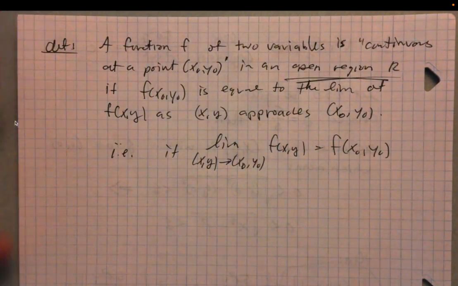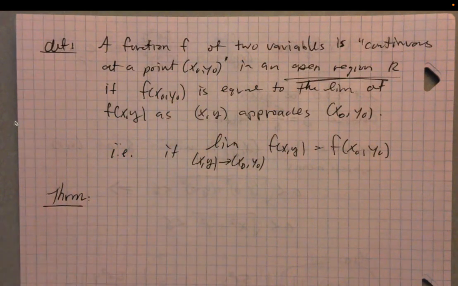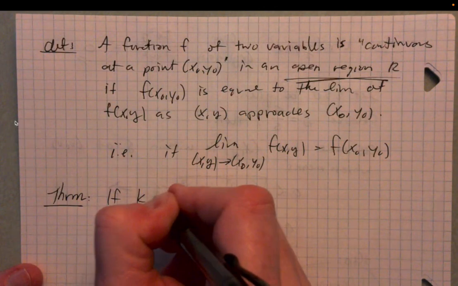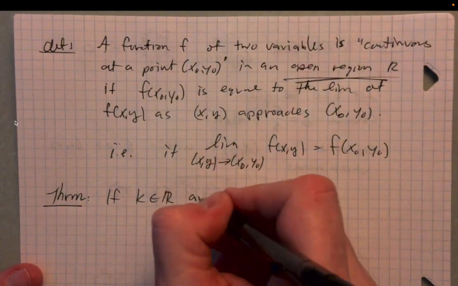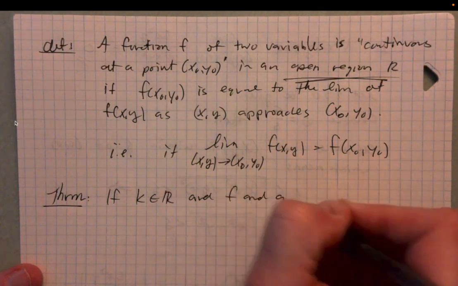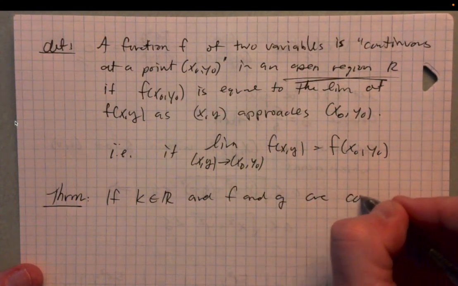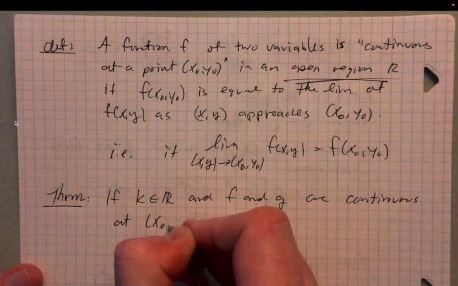Very good. So let's jump to some theorems here. Let's say k is a real number, and f and g are continuous at x naught y naught.